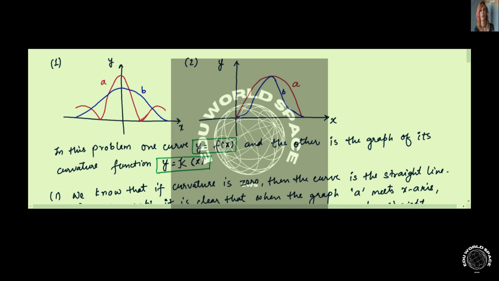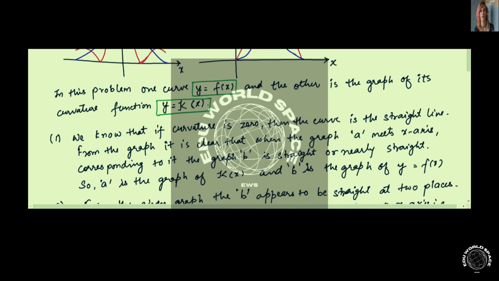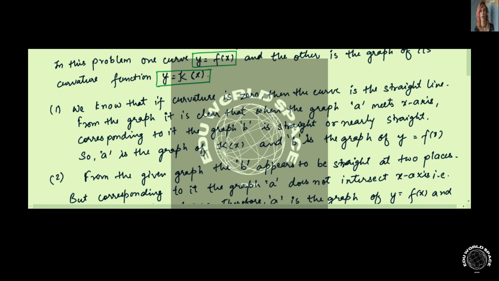For the graph first, we know that if the curvature is 0, then the curve is a straight line.